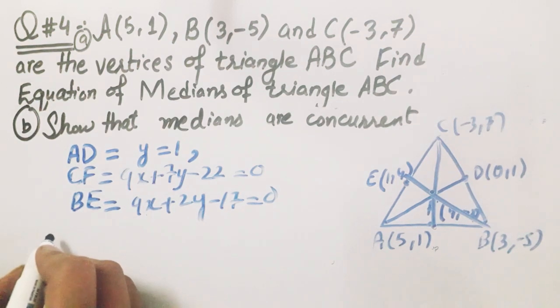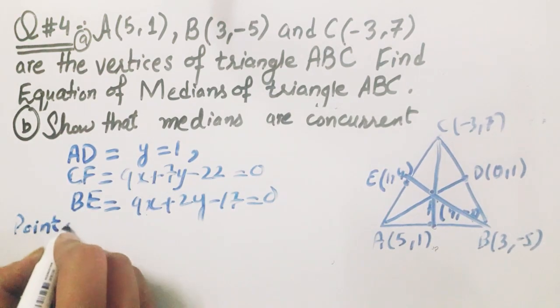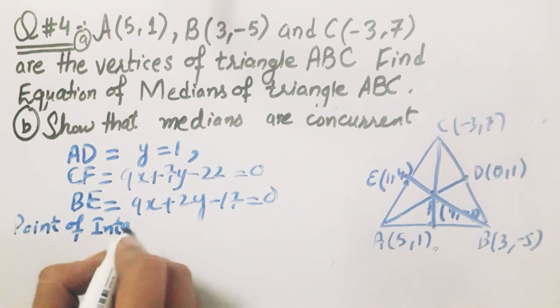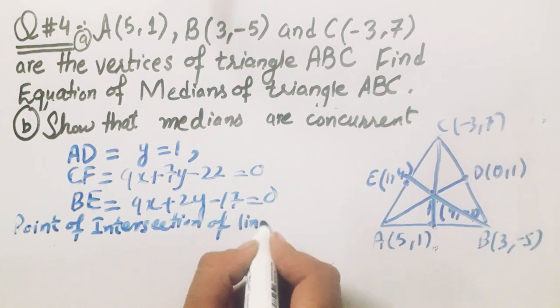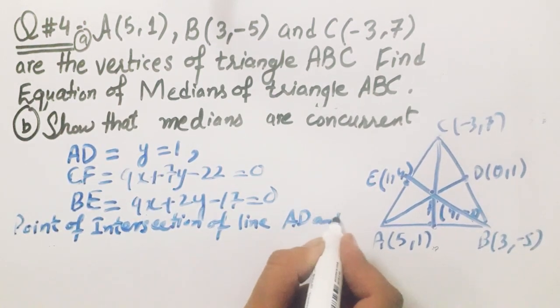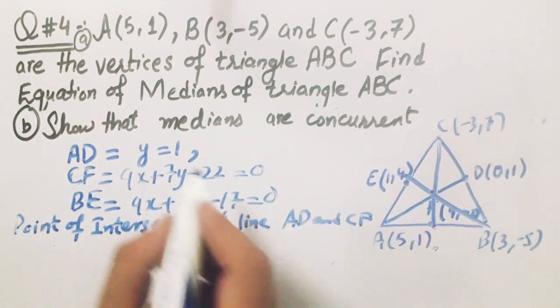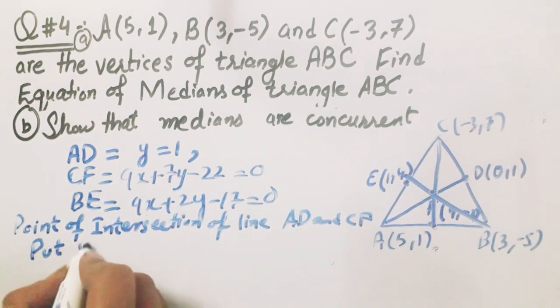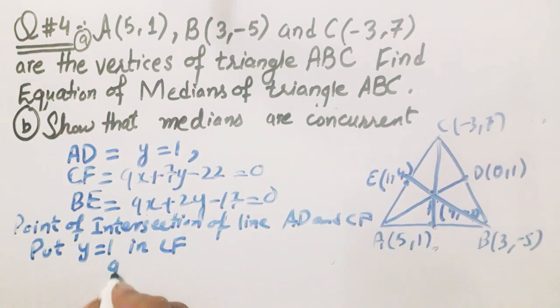So we will find the point of intersection of lines AD and CF, meaning put y is equal to 1 in CF. So 9x plus 7 into 1 minus 22 is equal to 0.